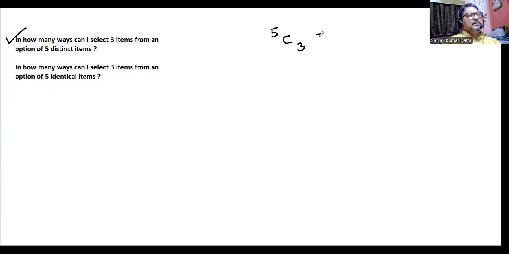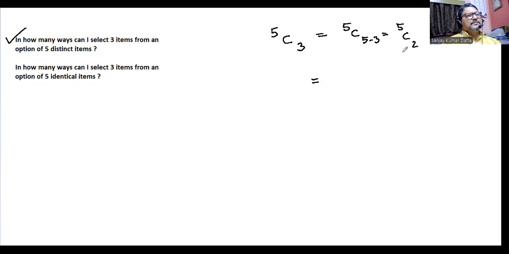You first see whether the right-hand side is more than half of the left-hand side. In this case, it is. So what you do immediately is nCr equals nC(n minus r). So 5C3 is equal to 5C(5 minus 3), that is 5C2.